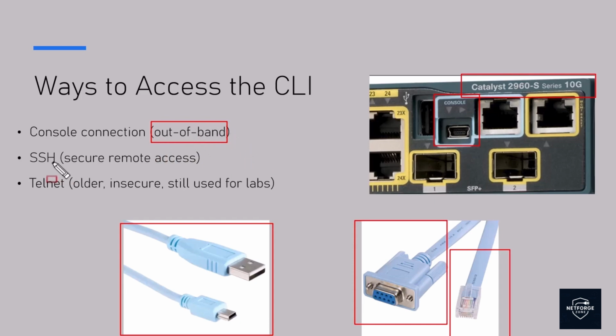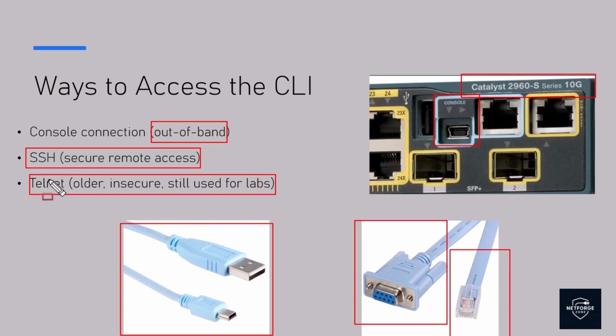The other type of connection is going to be using the terminal software. The terminal software, I wouldn't say this is another type of connection. This is a way to connect to the CLI. You can connect using this terminal software via Telnet or SSH.